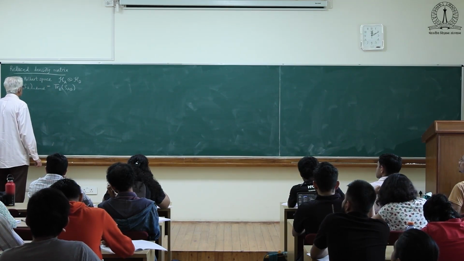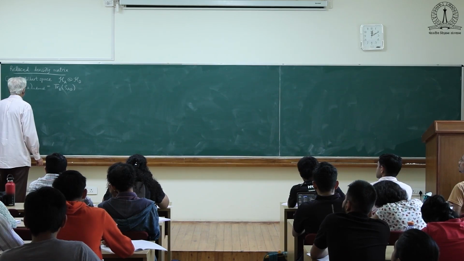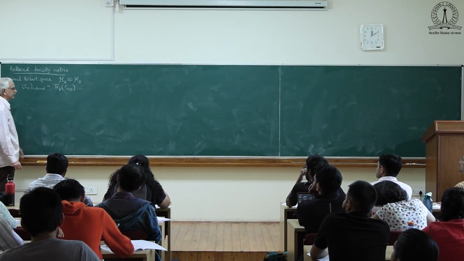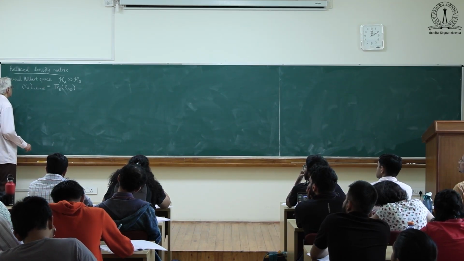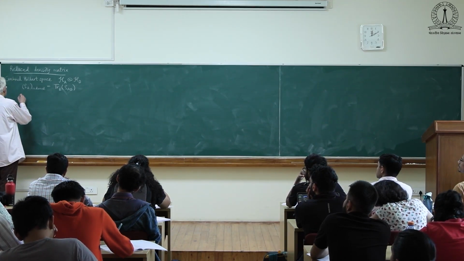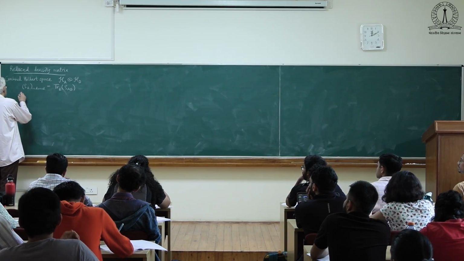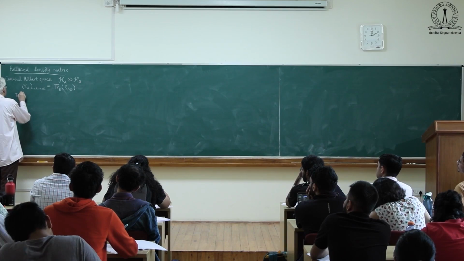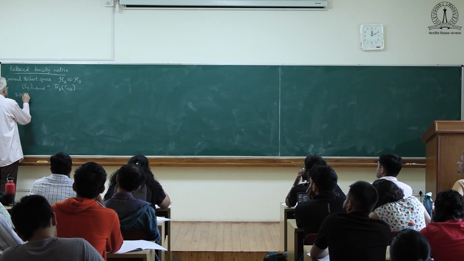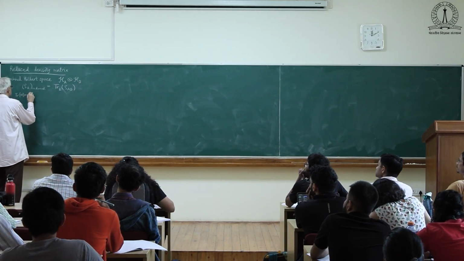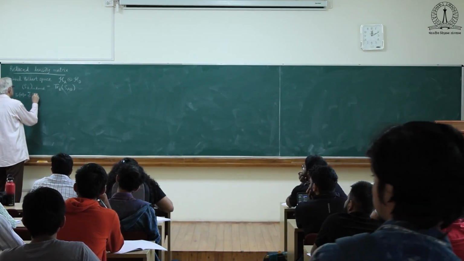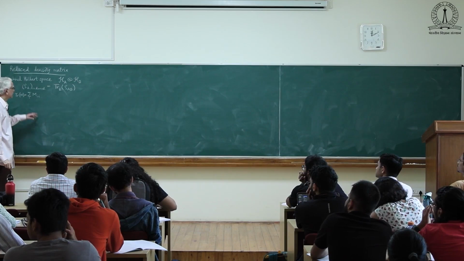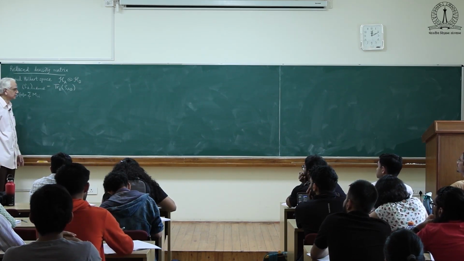But before I do that, let me repeat some of the standard properties of trace which are part of linear algebra. And what do you mean by trace of a matrix? We'll just write it as the sum of the diagonal elements in some basis.